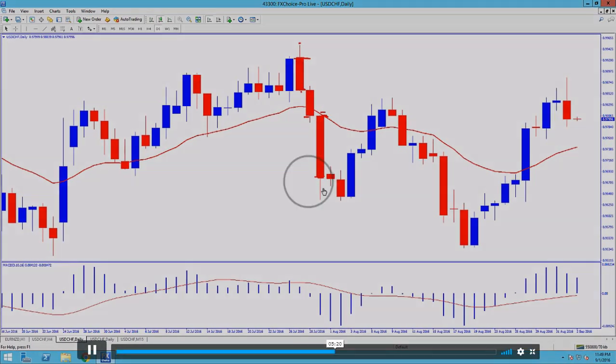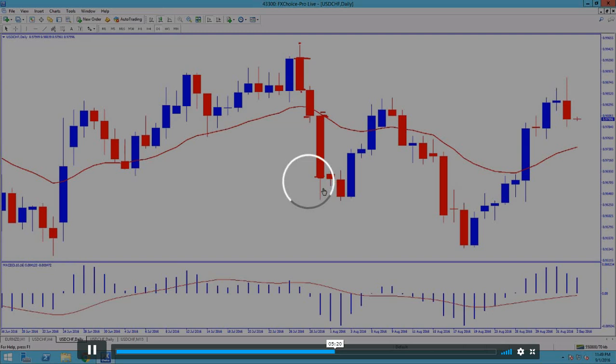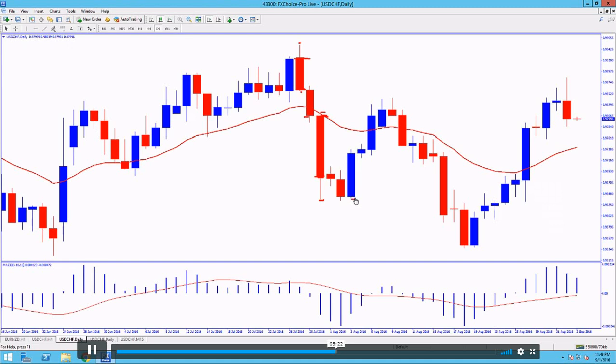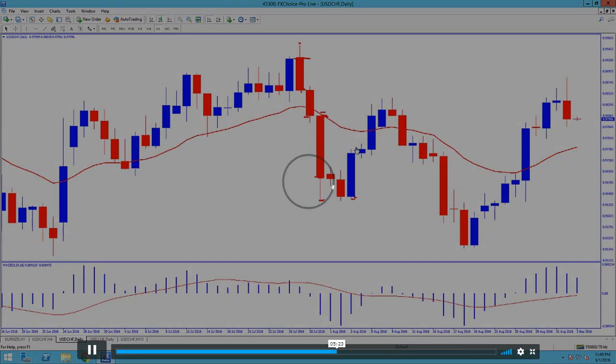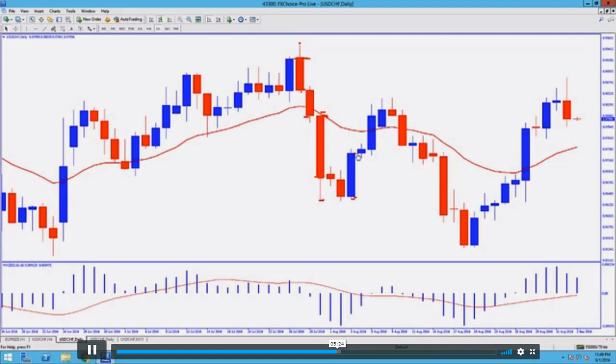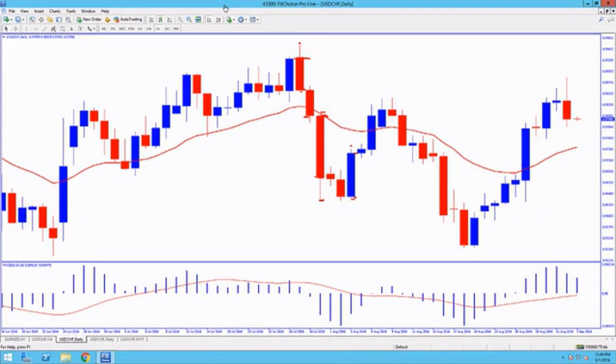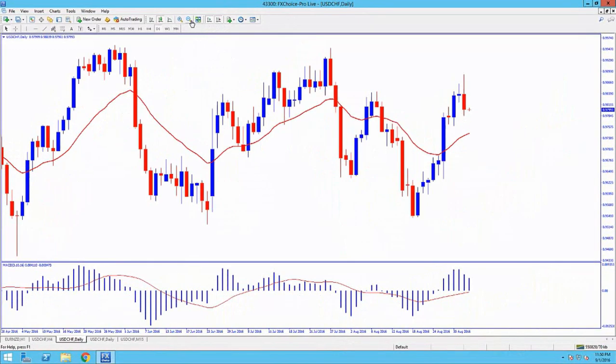Blue is up. Here's your low. Here's your open. Here's your close. Here's your high. So very simple to understand candlesticks. All right. Very easy to understand price bars.